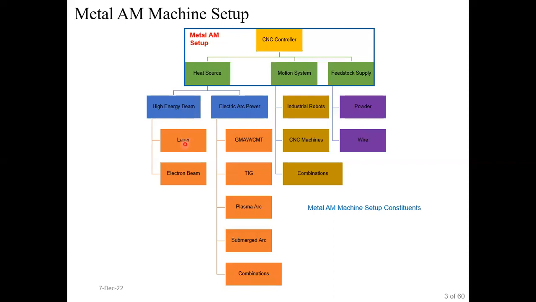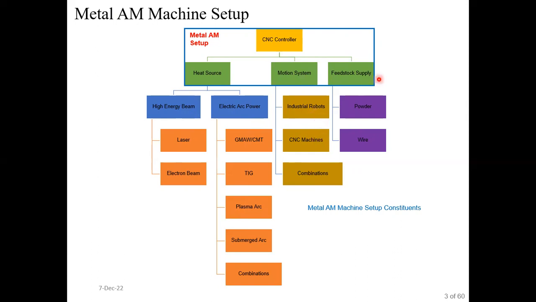In high energy beams, we have laser and electron beams, and in electric arc power, we have different types of arc welding processes. To interpolate the heat source, we need a motion system. The motion system is basically realized using industrial robots and CNC machines, and in some instances, a combination of these two can be used.